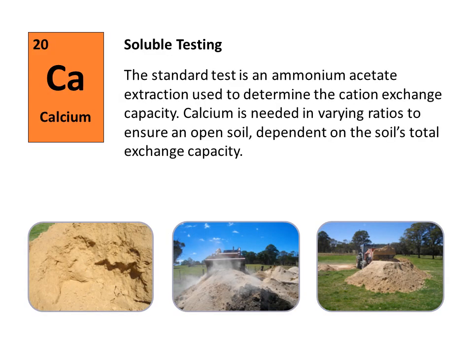In testing, the standard test here for calcium in the CEC is an ammonium acetate extraction, and this is how we ordinarily measure the TEC and the CEC. The ratio that we use of calcium in the soil is not based on the needs of the plant. It's the needs of the soil.